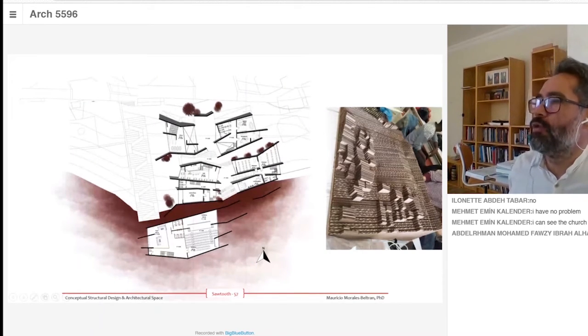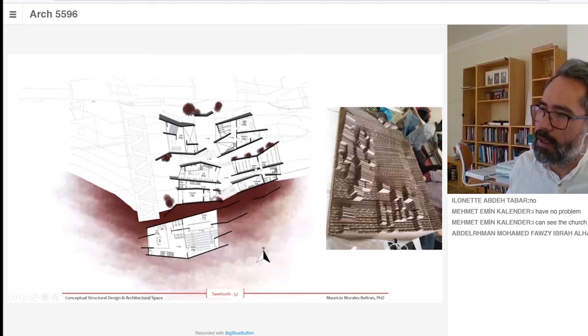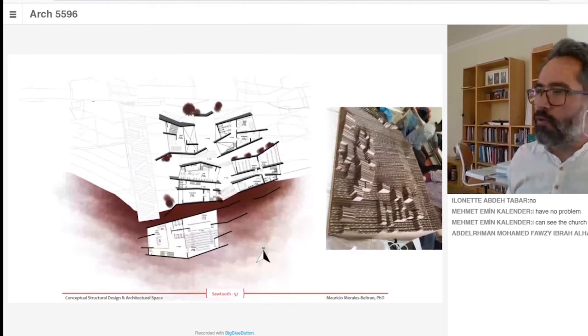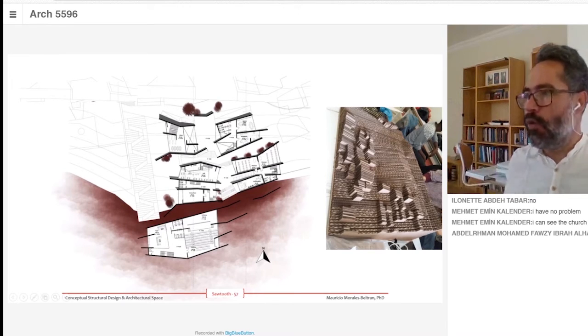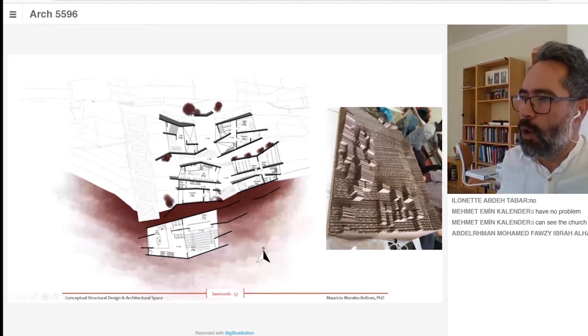And this is the final project. So there are walls here, and the walls are kind of representing the land and this dynamic movement of the slope, but at the same time they are working as a structural element.